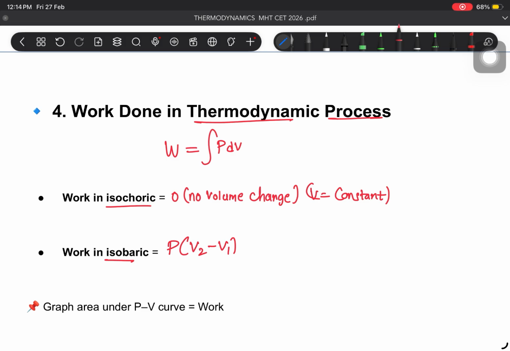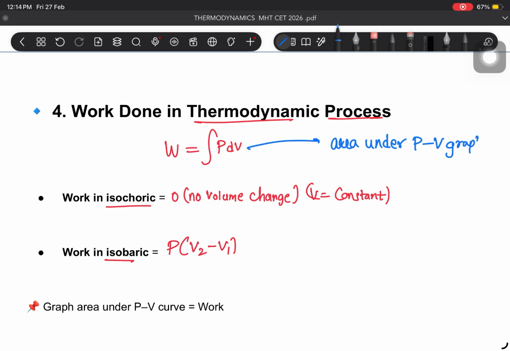The area under the PV graph gives work. If volume does not change, as in an isochoric process, then work done is 0.